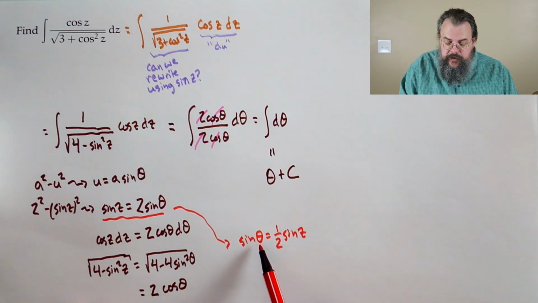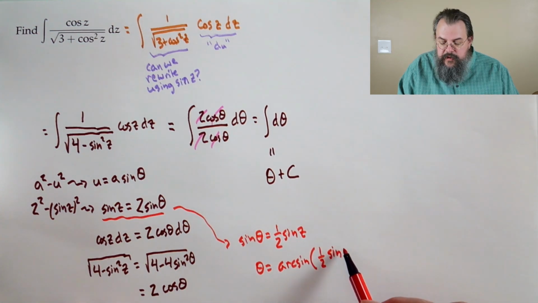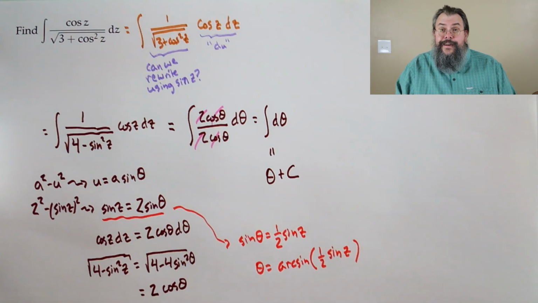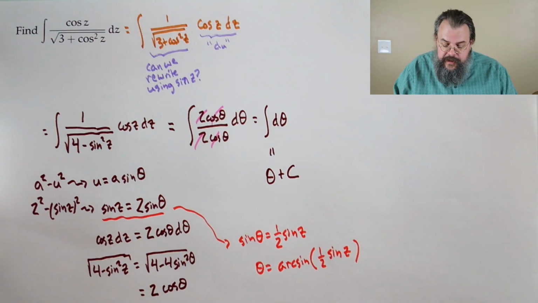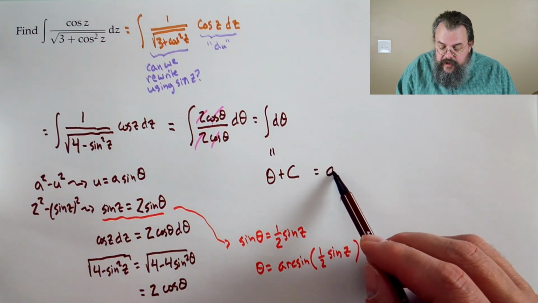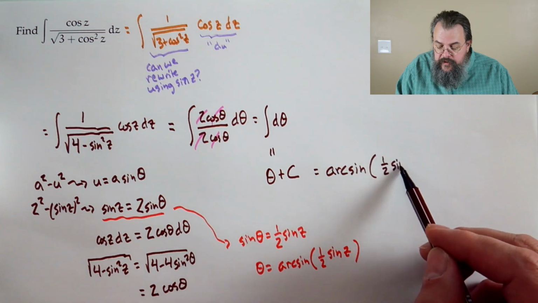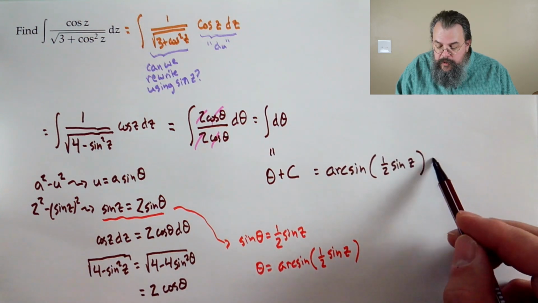To get rid of the sine, we can say theta is arc sine of 1/2 times sine z. And there we go. In fact, that's our answer, right? Just what that part is, arc sine of 1/2 sine z plus c.